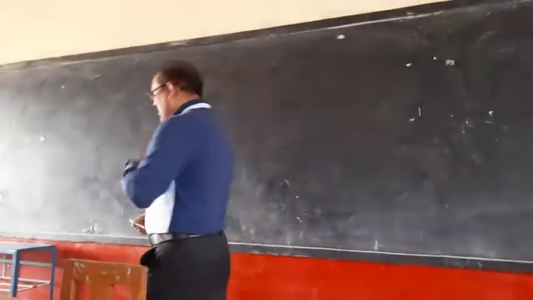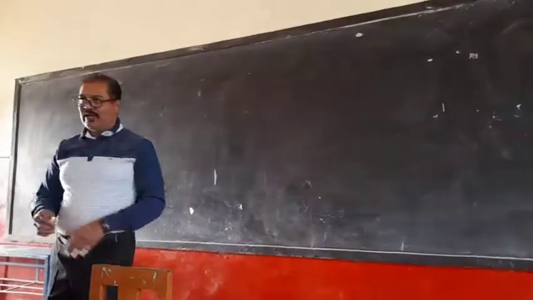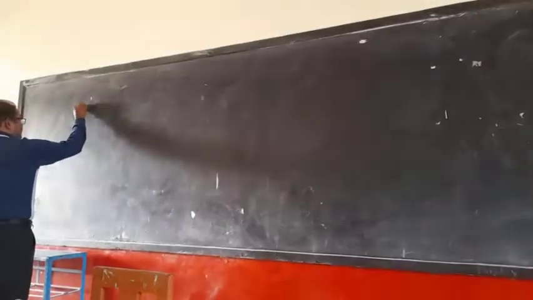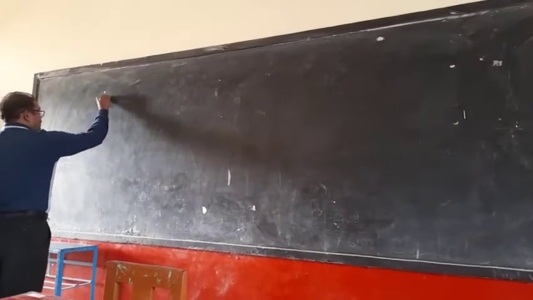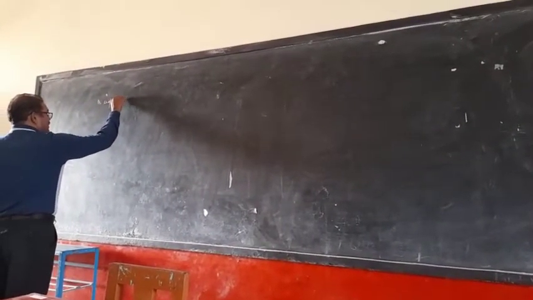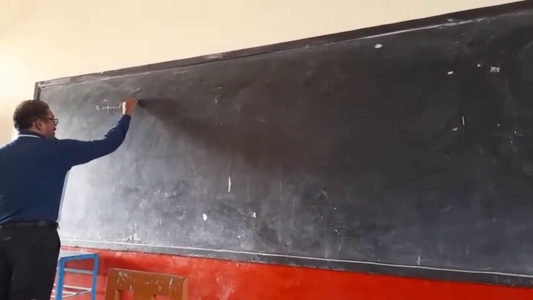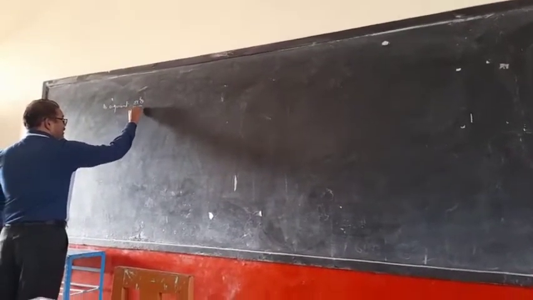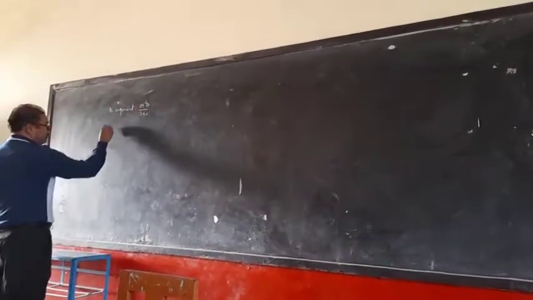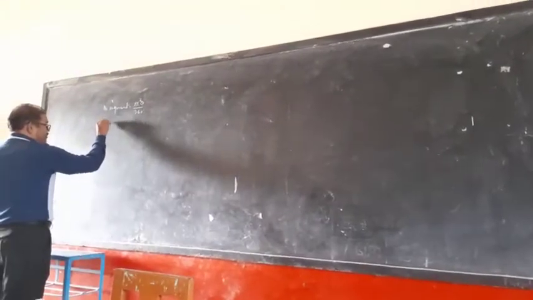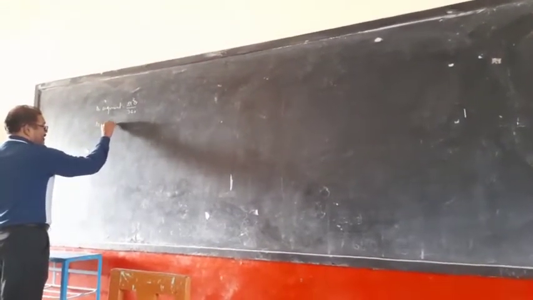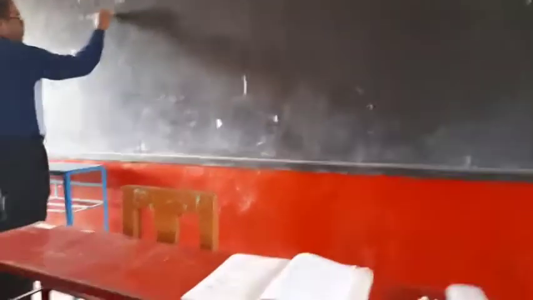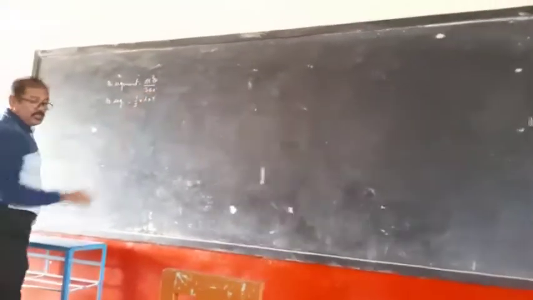Just a recap of the formulas we have studied. Area of sector is equal to pi r square theta upon 360 degree. One more area of sector is 1 upon 2 into L into R. Yes, Sajal.